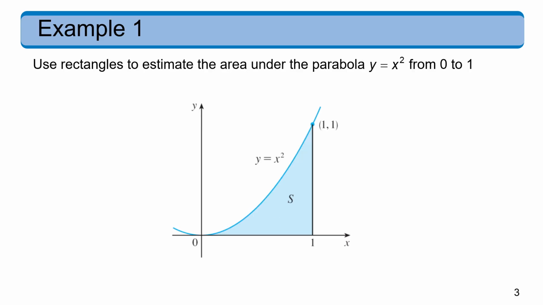We're going to use this example as a way to develop our strategy by thinking through it. Here we're given a region called S, and it's defined by the curve y equals x squared, which you can see part of here, that parabola in blue.